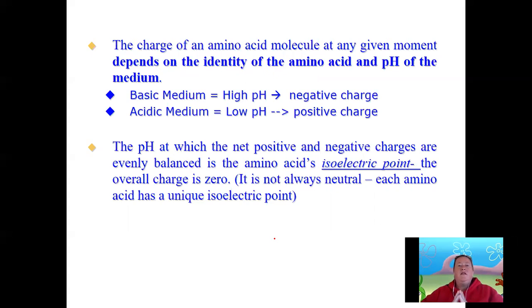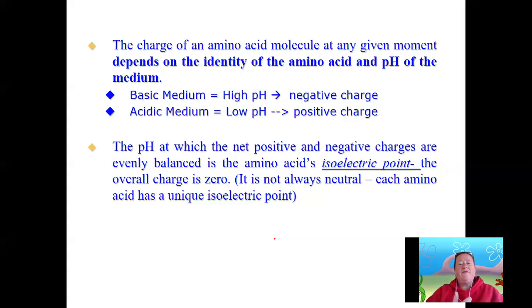So to summarize, the overall charge on an amino acid molecule is going to depend on, number one, what it is, how many regions of charge there might be on it to begin with, and number two, on what the pH is of the environment that it's in.